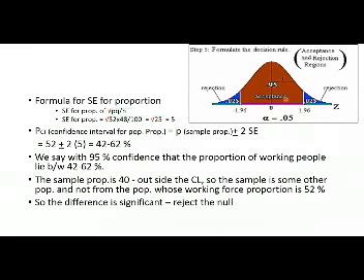Whether this 40 lies within the interval, if we draw these figures over here, say over here at 0 is our 52, and our lower limit, that is for 2 standard errors, minus 1.96, over here lies the 42, and at plus 1.96 lies the 62.